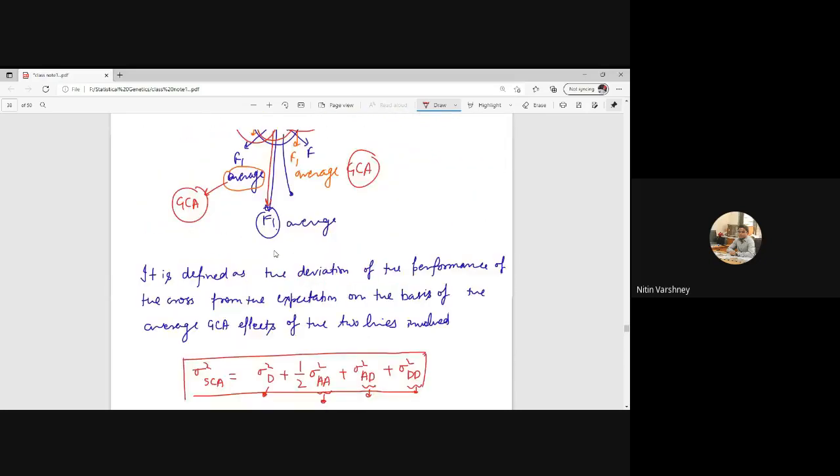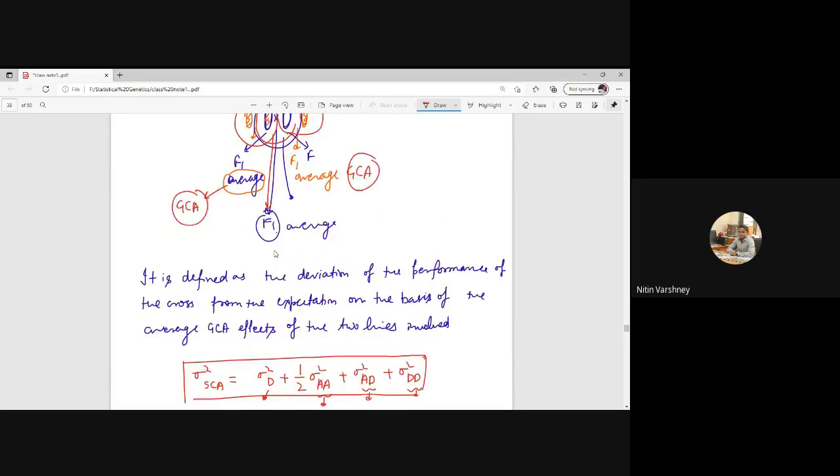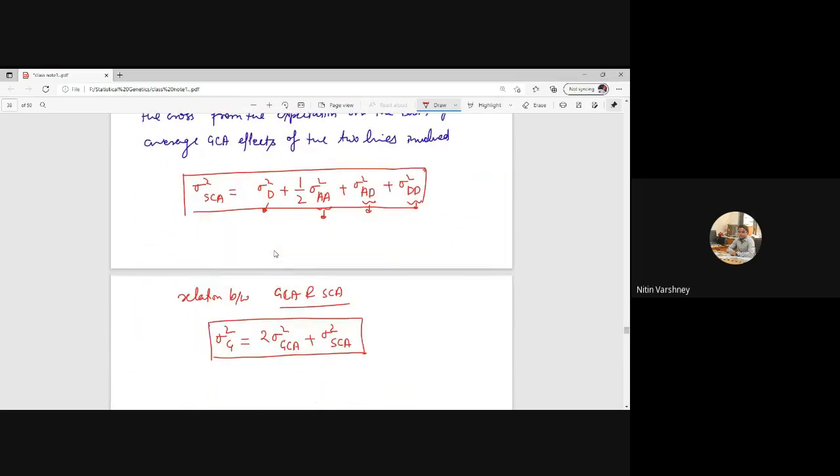Here we will multiply by 2, then plus this, then we will get sigma square G. You can check it. Okay, so this is all about your diallel cross and partial diallel cross basic concept and regarding your GCA and SCA.